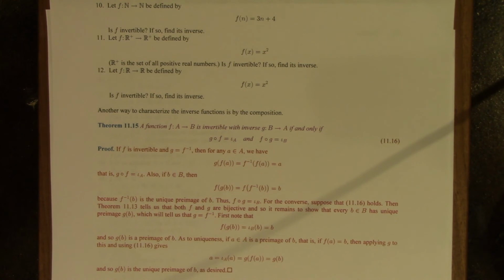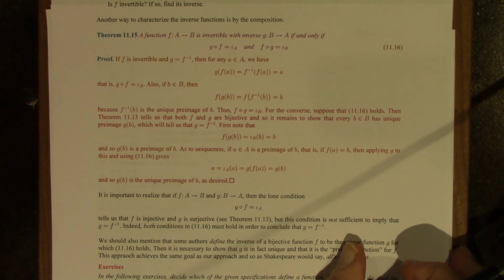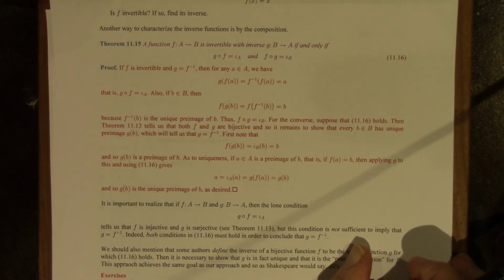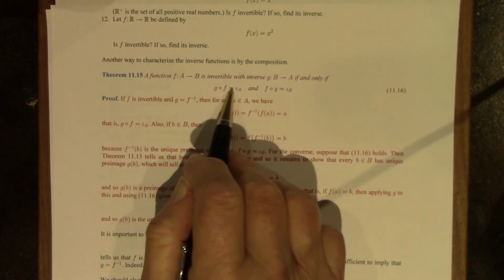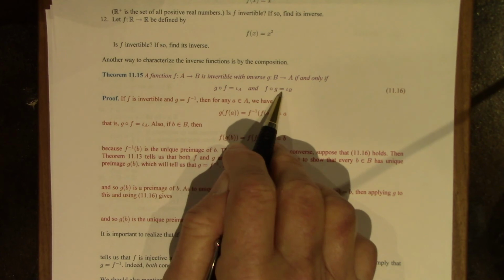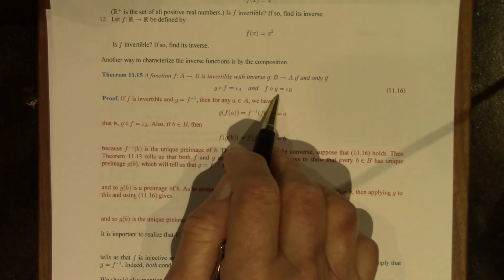So the preimage function is really the unique preimage function. There's only one. So we got the uniqueness of inverses automatically by our definition of inverse. If you use this definition as inverse, you do need to show that there's only one g that fits both of these.